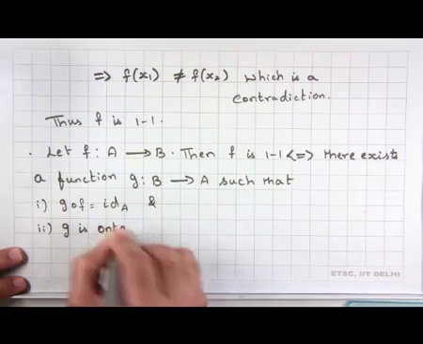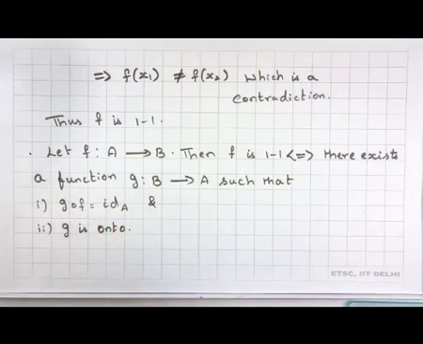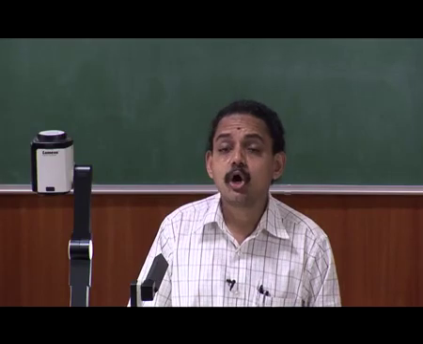You need an onto function g from B to A such that g composed with f should act as an identity function on A. This is what we wanted.